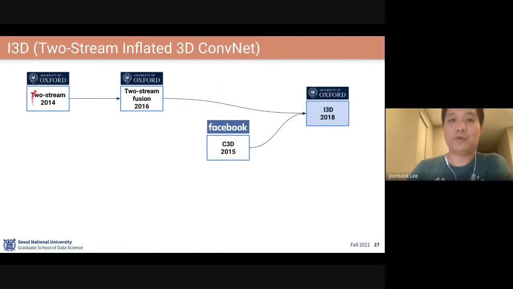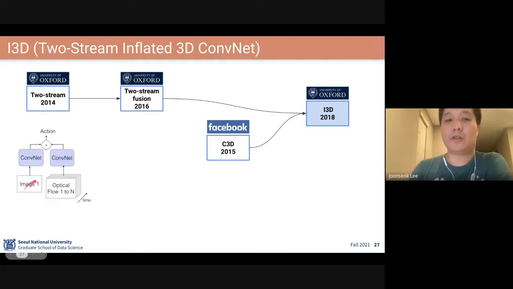So let's see. What was the two-stream method? We talked about this in the last lecture. From the video, we take just one image to learn the spatial patterns using some image models. And we compute the optical flow for all the frames in the video and use only a 2D convnet, applying it to each of these frames as just the channels.